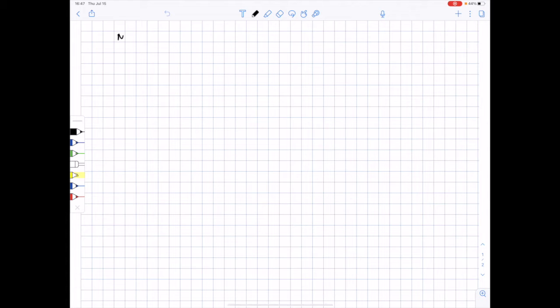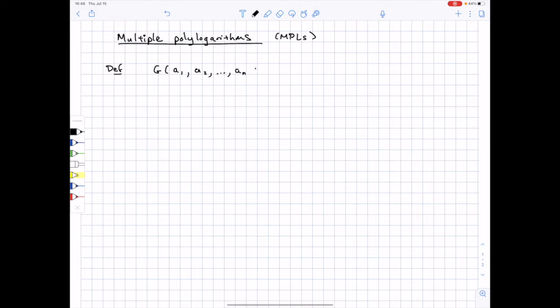Now let's look at multiple polylogarithms, which we abbreviate as MPLs. They are defined as iterated integrals, denoted by G, with some number n plus 1 of complex arguments, where the last one is the last endpoint of integration.